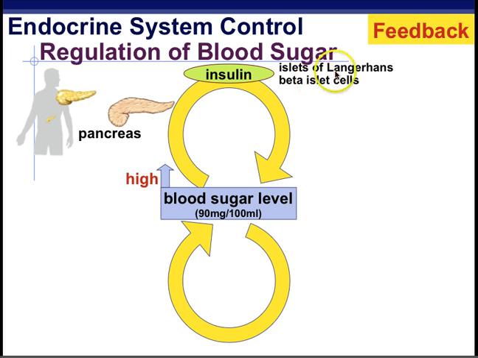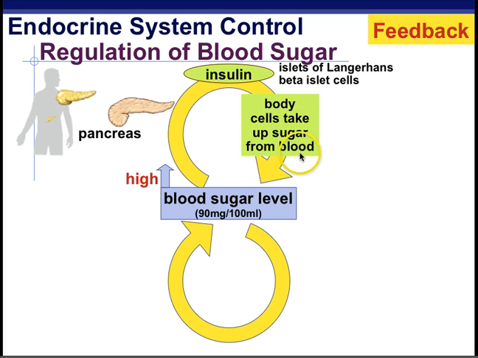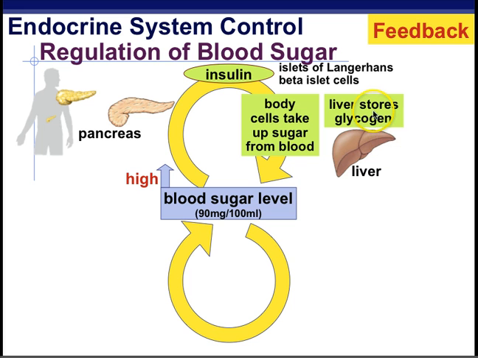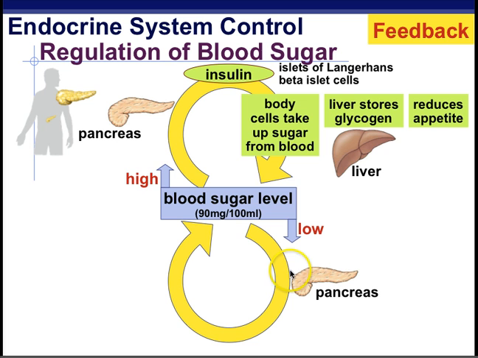All right, it has islets of Langerhans and beta islet cells in it, so that the body cells take up sugar from the blood. Okay, your liver stores glycogen. Okay, it reduces appetite. So when your blood sugar is very high, your pancreas gets involved to bring it back down to normal. When your blood sugar is low, your pancreas becomes involved.